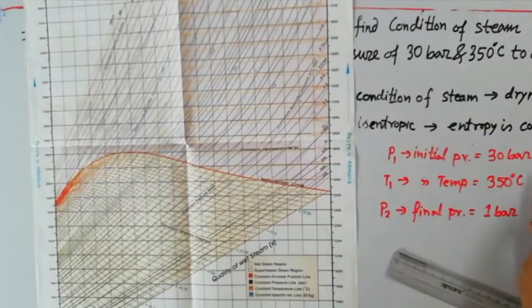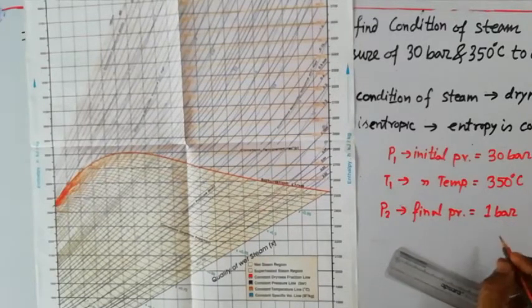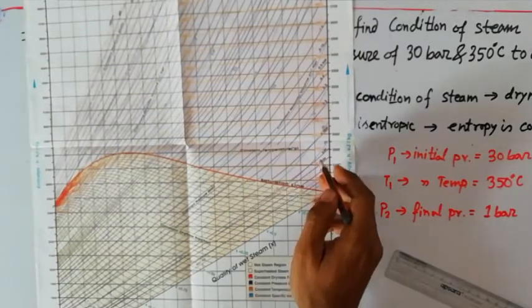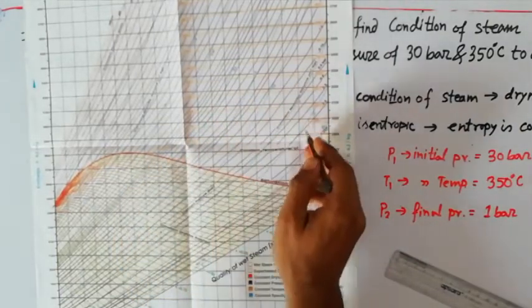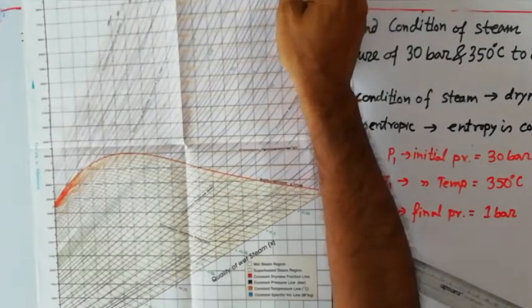After finding the intersecting point of P1 and T1, that is state point 1, from state point 1 you have to project a vertical line up to the 1 bar pressure line, because the final pressure is 1 bar. Also you have to find where the 1 bar pressure line is lying. Easily you can find the 1 bar pressure line.